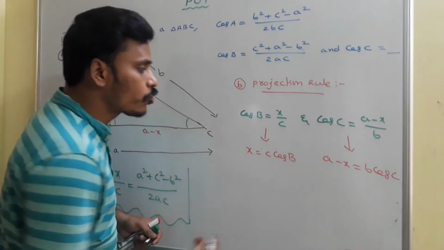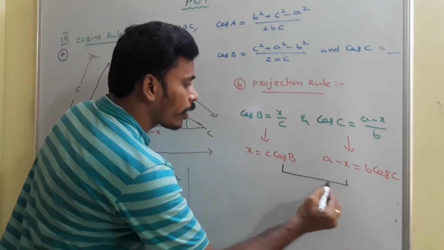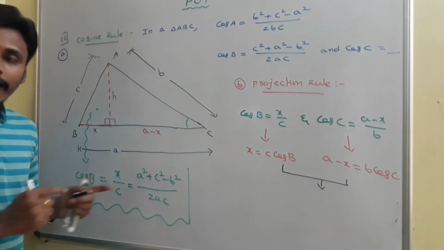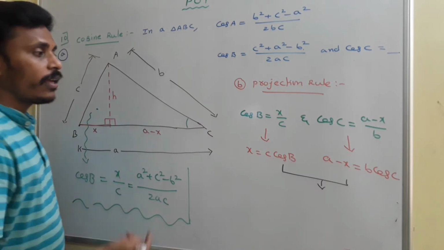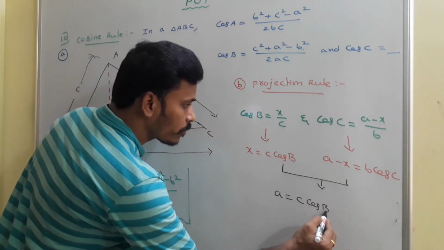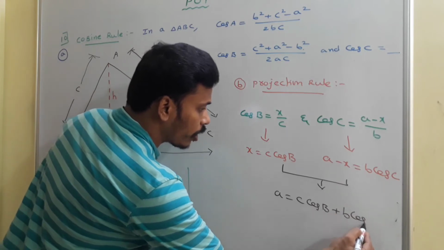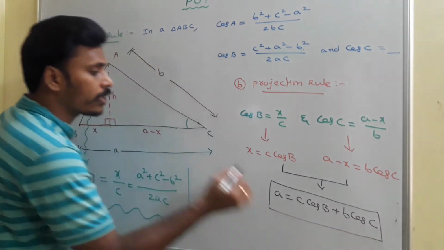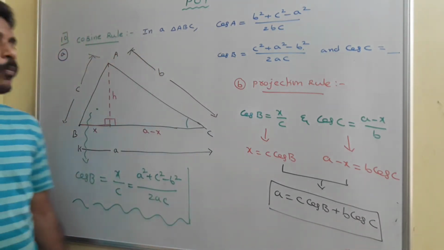If you add these two, what will happen? X and a minus x is just nothing but a itself, right? So a is equal to c cos B plus b cos C. At the end, a is equal to c cos B plus b cos C is the projection rule.